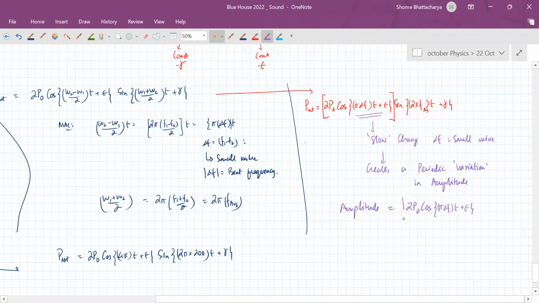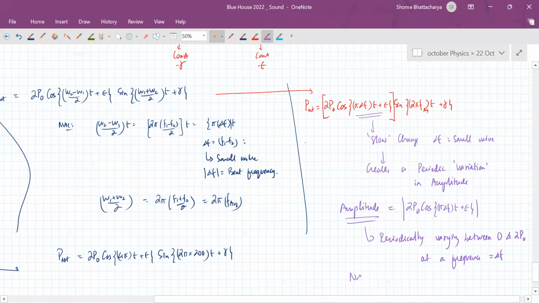So this term's mod is the amplitude. So this amplitude is periodically varying between 0 and 2p naught at a frequency equal to delta f. Even though this term is pi and not 2 pi, it's a mod cos function.